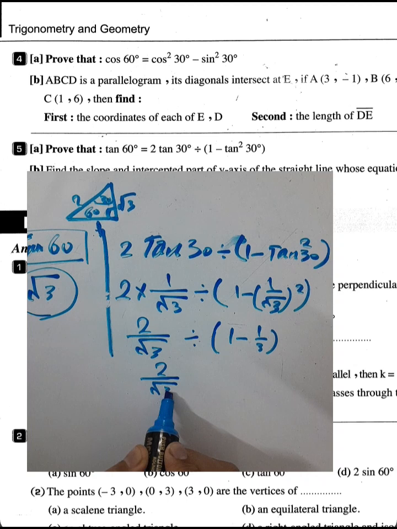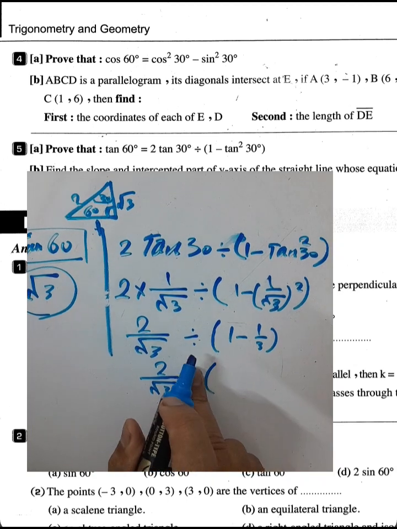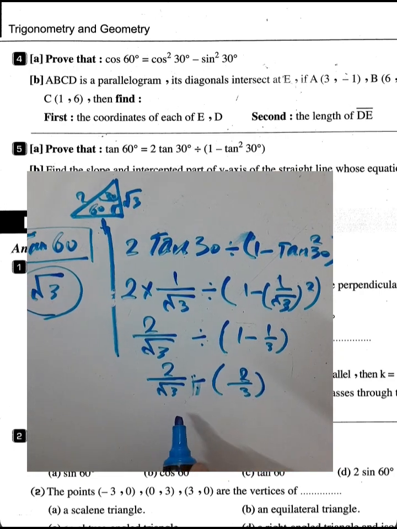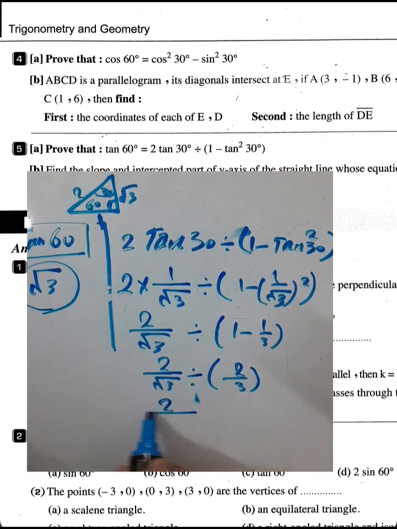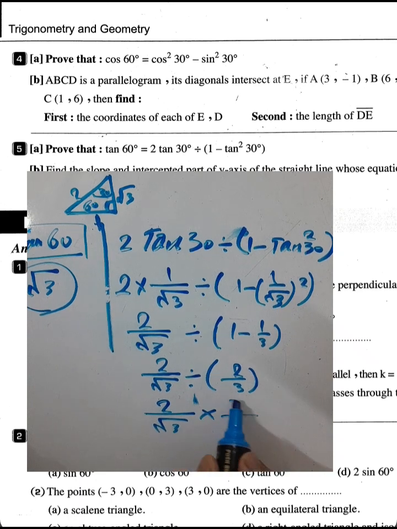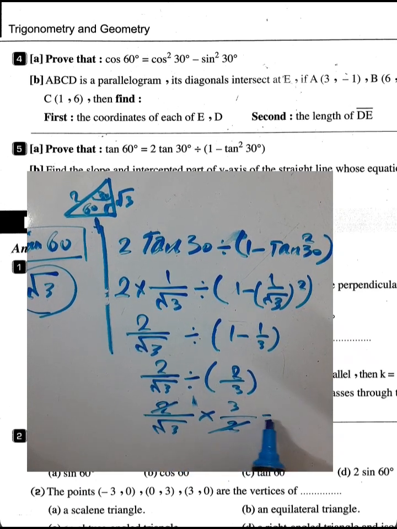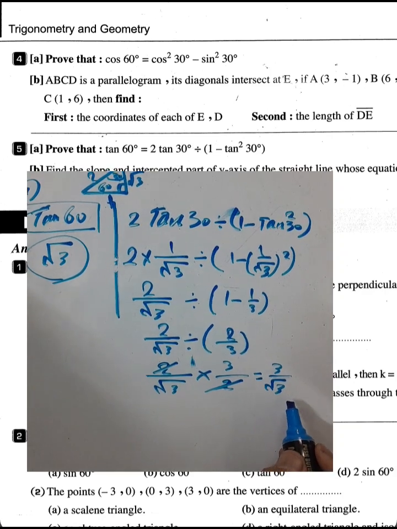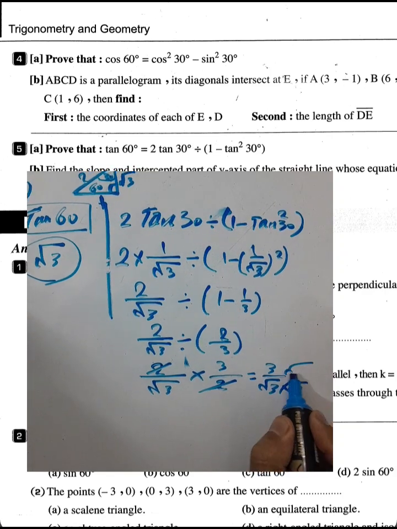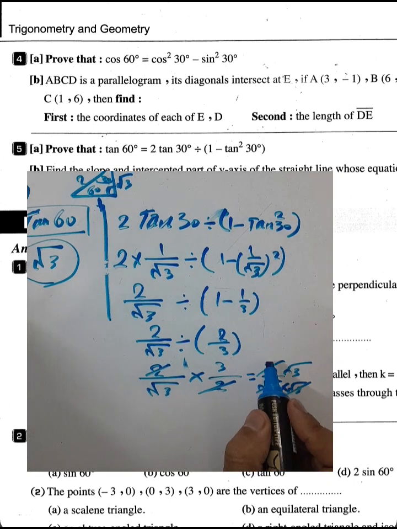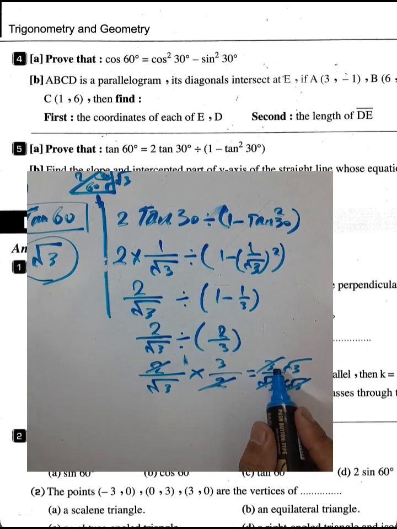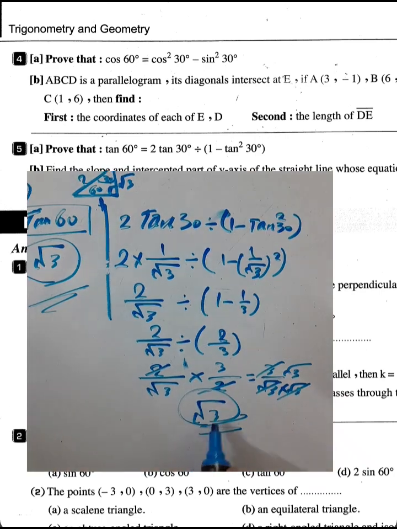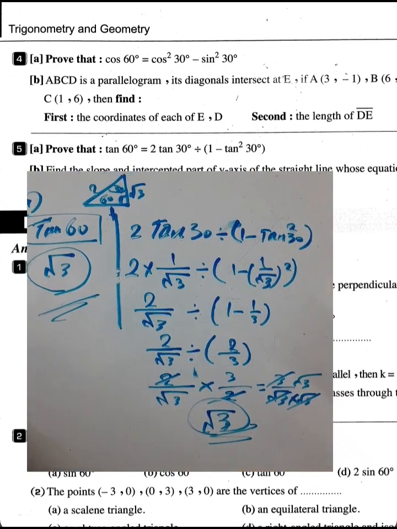First, you can find the result here, 2 over 3 in the simplest form, and then write 2 over root 3 multiplied by 3 over 2, cancel 2 by 2, it will be 3 over root 3, and then you can simplify this fraction by multiplying by root 3. Root 3 times root 3 is 3, 3 divided by 3 equals 1, then the result will be root 3. Then the left hand side equals the right hand side, equal to root 3.